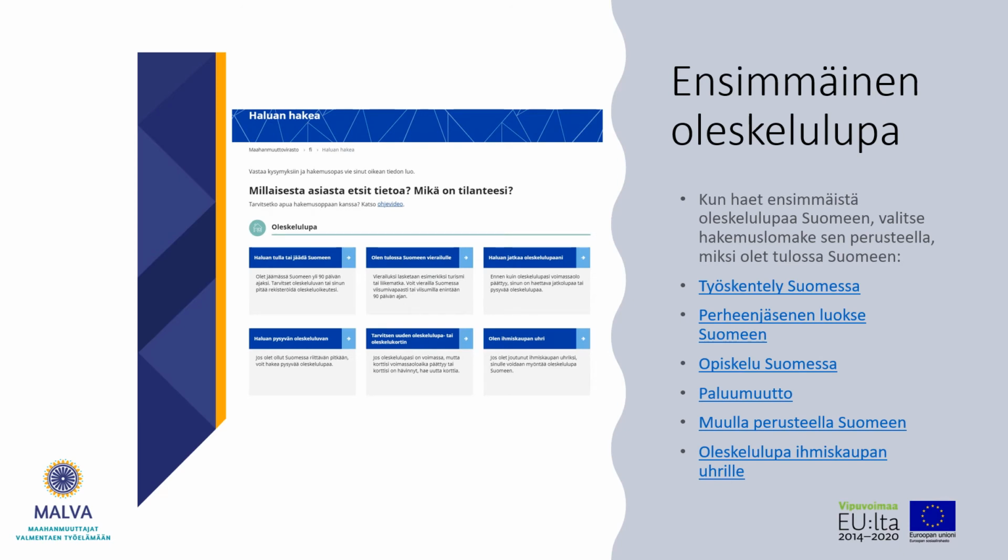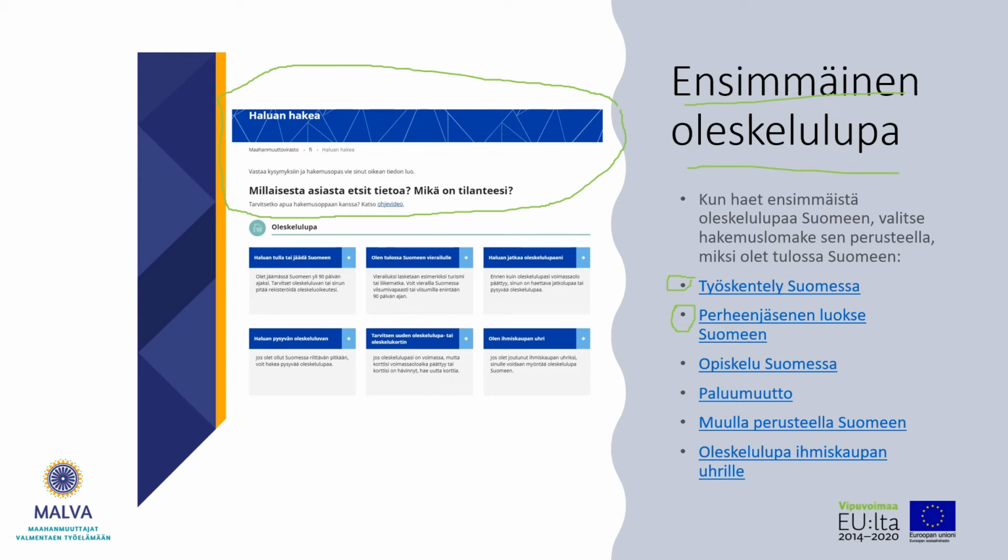This slide is very important because it is very helpful to explain what type of residence permit you need. This is about the first residence permit, and as you can see, I have indicated here that there can be maximum 6 main reasons for applying for oleskeluluvat or the first residence permit.